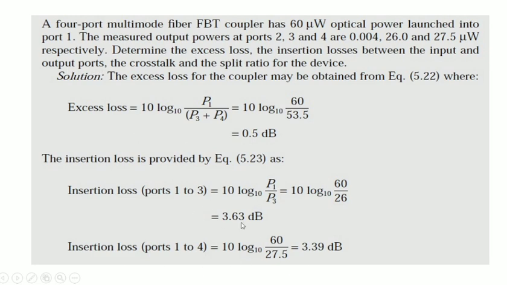So for both ports you need to calculate the ratio P1 divided by P3. Input power launched is 60, P3 measured is 26, and from the ratio we get 3.63 dB. For the second case, port 1 to port 4, P1 by P4, P1 is 60 microwatt and P4 is 27.5, we get 3.39 dB.